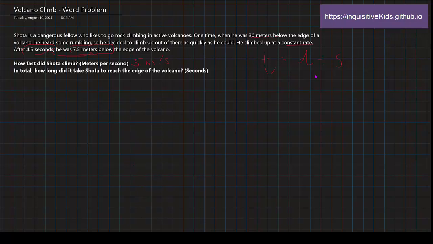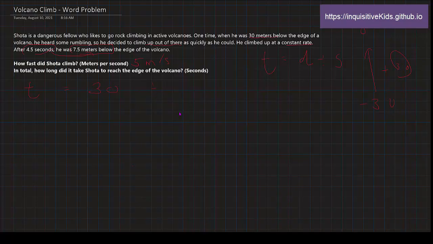First, we're trying to find time, so there's our t. And where is our distance? He wants to get to the edge of the volcano, so it'd be 30 meters, because he was at an elevation of negative 30. In order to get up to 0, he needs to climb 30 more. Does that make sense? So his total distance is 30.